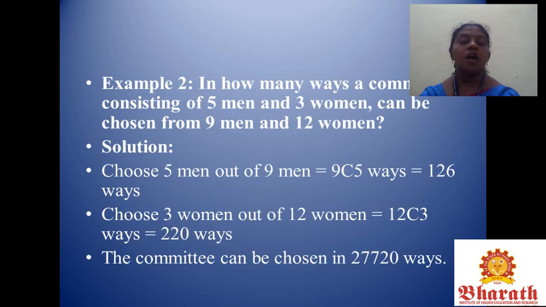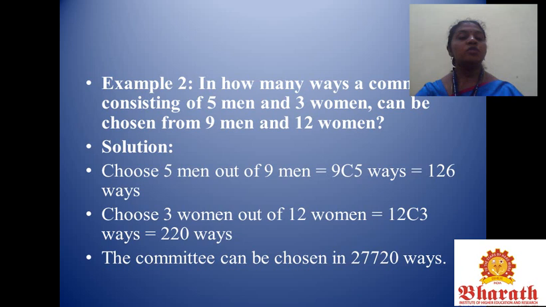So next example: a committee consisting of 5 men and 3 women can be chosen from 9 men and 12 women. Solution: choose 5 men out of 9 men in 9C5 ways, that is 126 ways.